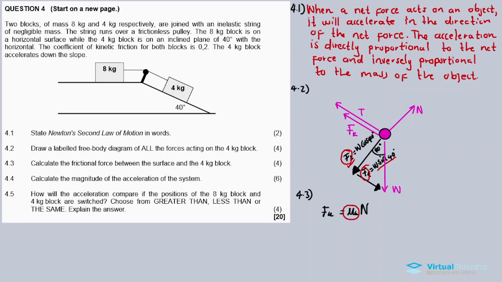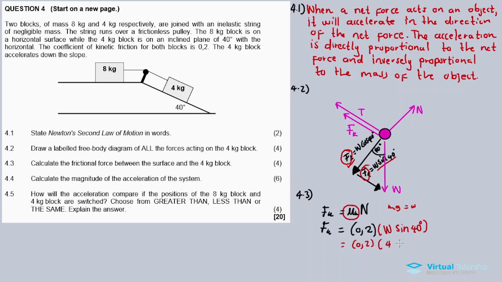So in this case, the frictional force is equal to 0.2 times the perpendicular component, which is weight times sine 40 degrees. Now we further do this by substituting the weight. The weight is mass times gravitational acceleration. What's the mass of the block?